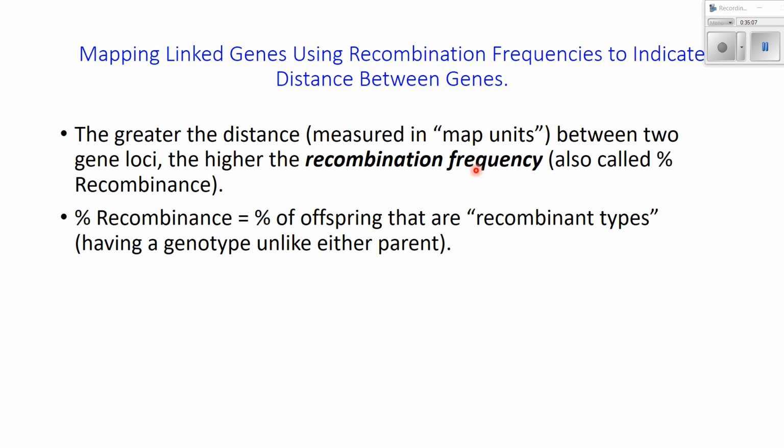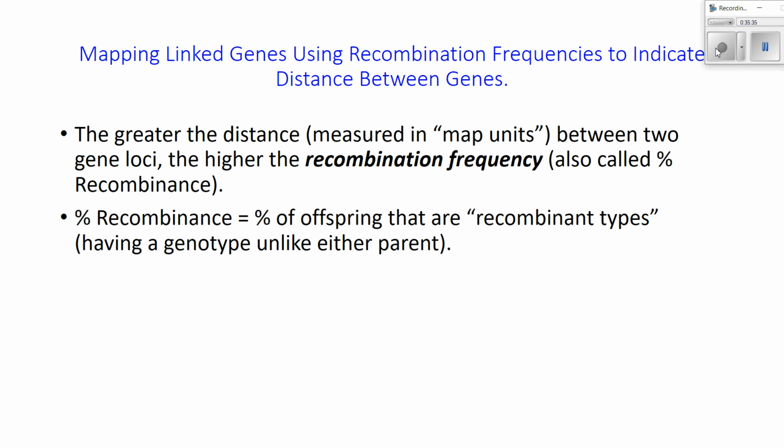You just need some genetics data. You need some dihybrid cross actual data from fruit fly breeding. And so I'm going to give you some sample data. We're going to learn how to do these calculations. But what you're going to calculate is a value called percent recombinance, or recombination frequency.